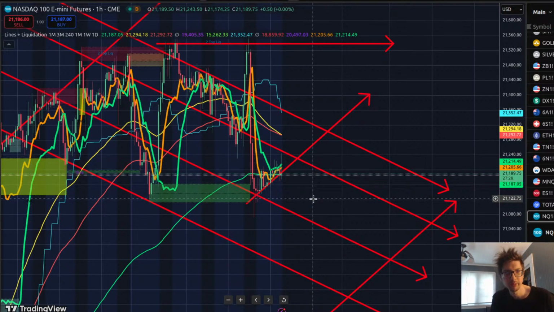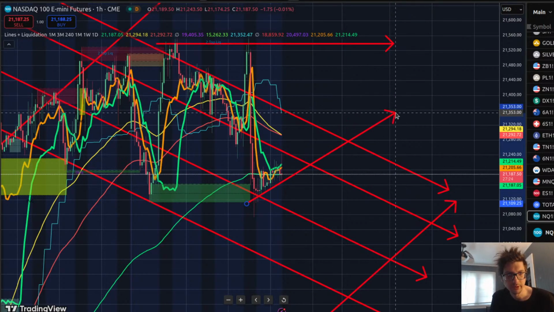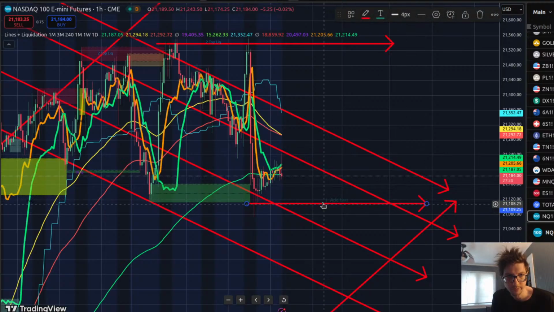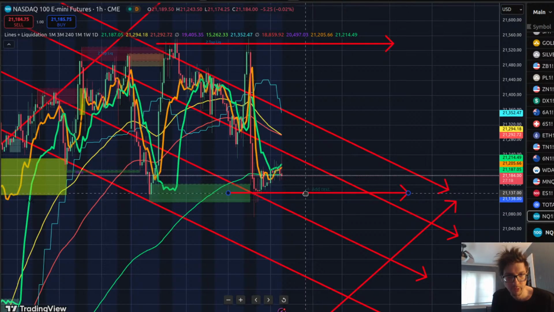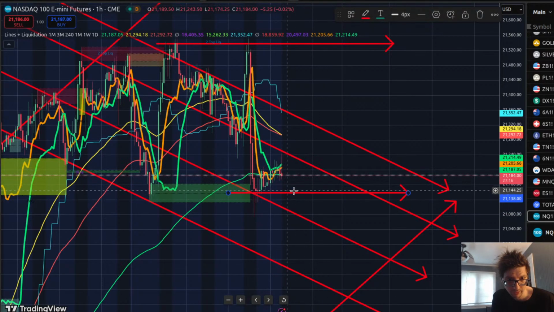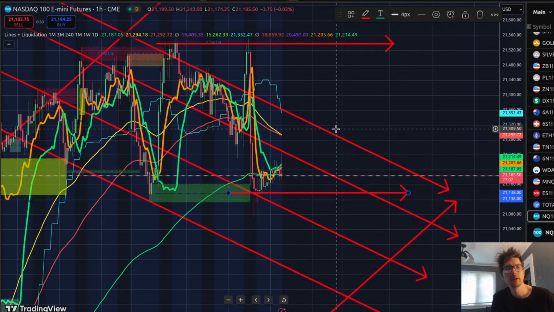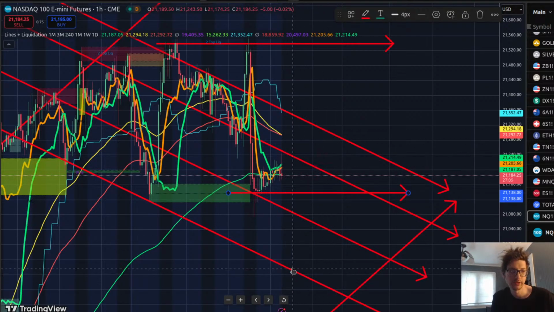So yeah, if we break below this trend line, then we'll keep adjusting it and keep adjusting it, and then finally, if and when we adjust it to the point where it's flat like this and we break below this level, then we're going to test this for support, and we go to the upside potentially, or test this for support if we break below it, right?